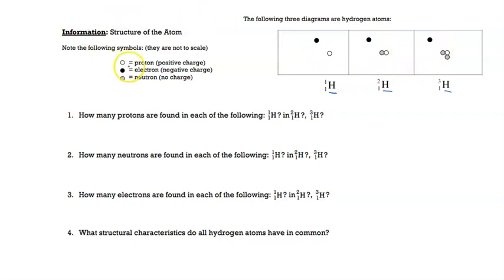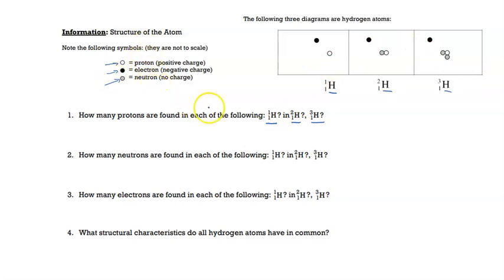And in this case, our little key here shows that we have protons, electrons, and neutrons in those atoms of hydrogen. So what we want to be able to do is relate these symbols and their numbers to a model of the atom, but also to numbers of protons, electrons, and neutrons.